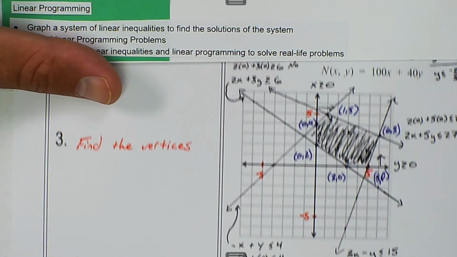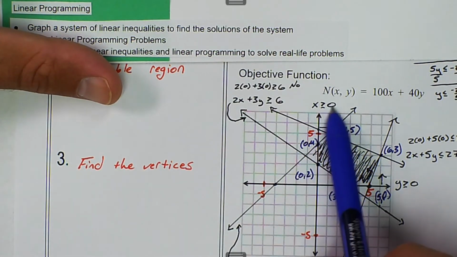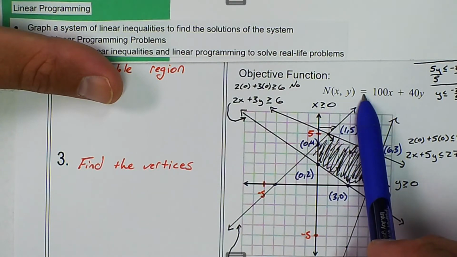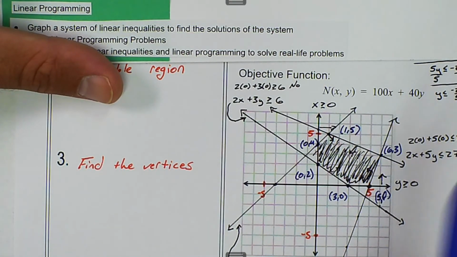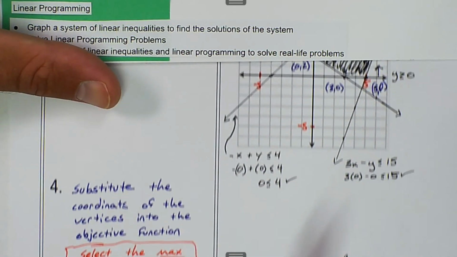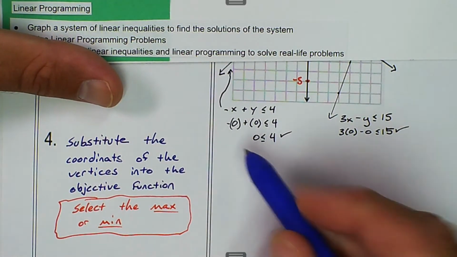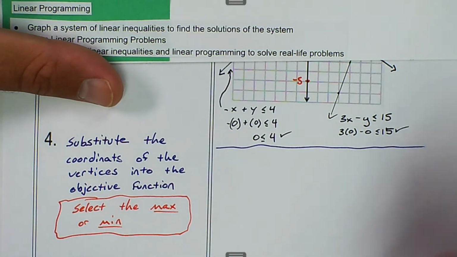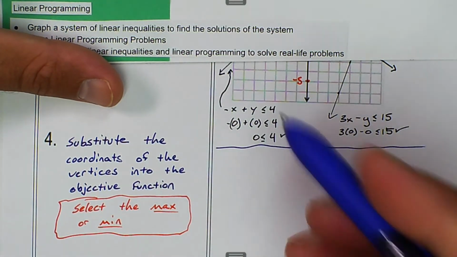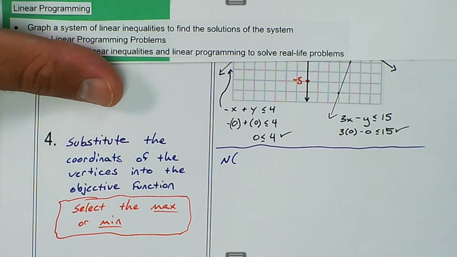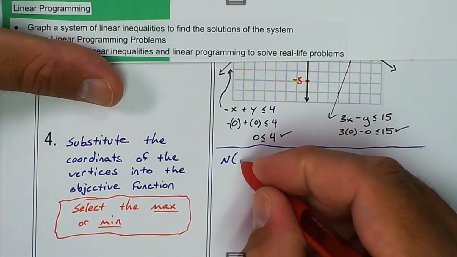So our objective function is a function N evaluated at the coordinates x, y, which is equal to 100x plus 40y. And so we'll substitute those coordinates in, and we'll see what we get. So we have the function N evaluated at 1, 5.